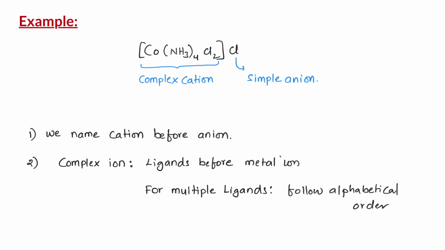In this example, we have two ligands, ammonia and chloride ions. These ligands have special names. For example, ammonia is called ammine with two M's. The chloride ion is called chloro.